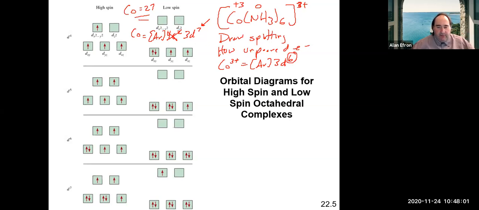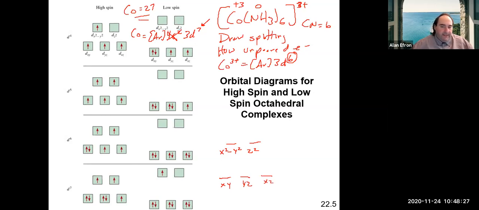And in this case, we would have a coordination number of 6, which means we would get the 3 d orbitals on the bottom, the 2 on top. Again, this being our x squared minus y squared and our z squared, and our xy, and our yz, and our xz happening here.